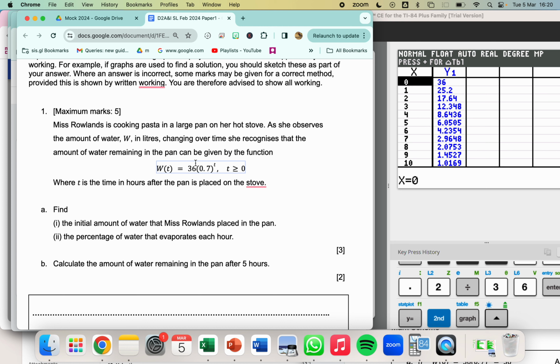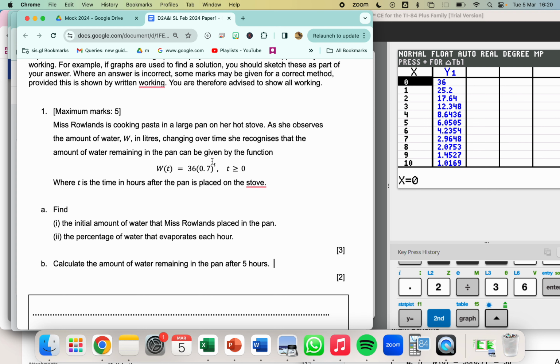If again you've got a function where you've got a, b to the power of c, the percentage change is always going to be related to whatever b is. So it will either be below 1 if we've got a decreasing function normally, or above 1 if we've got an increasing exponential function.